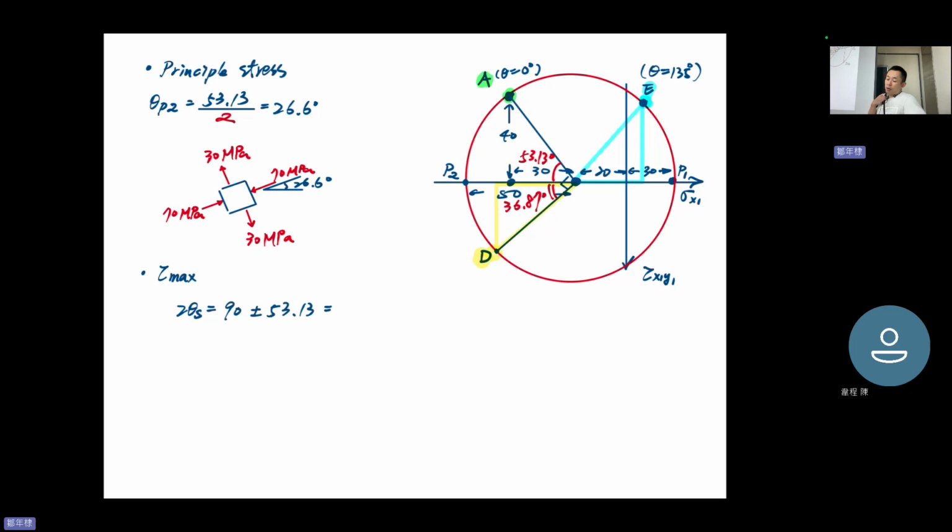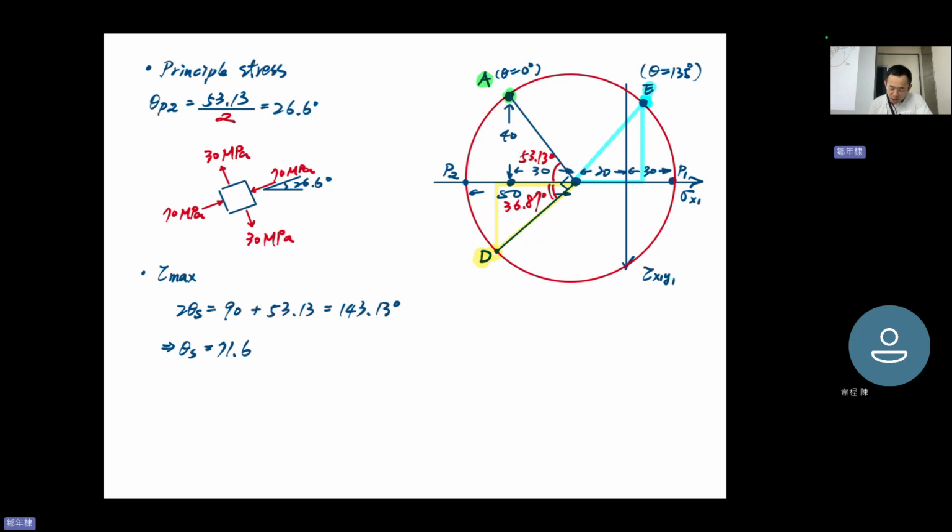So now I can just select one of them. 90 plus 53.13 is 143.13 degrees. So theta s equal to 71.6.